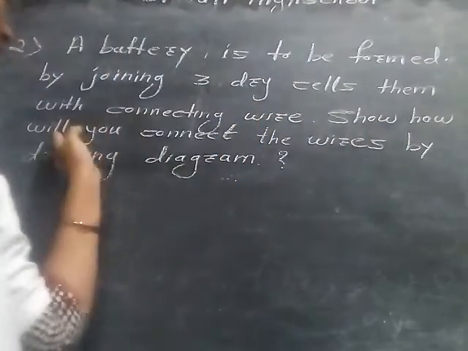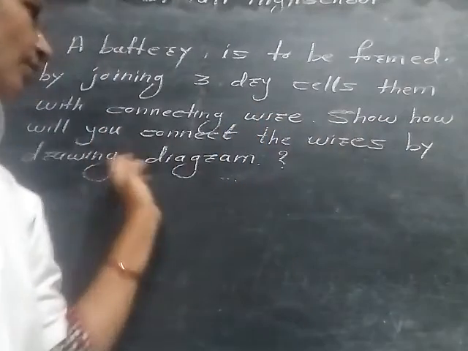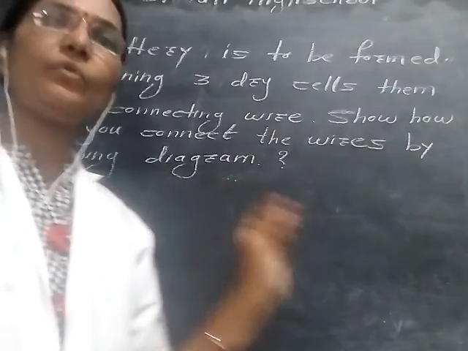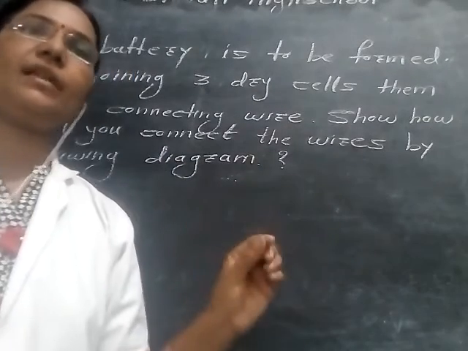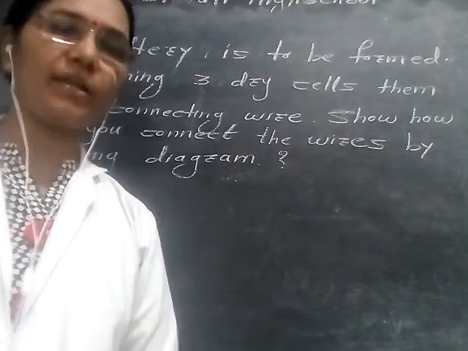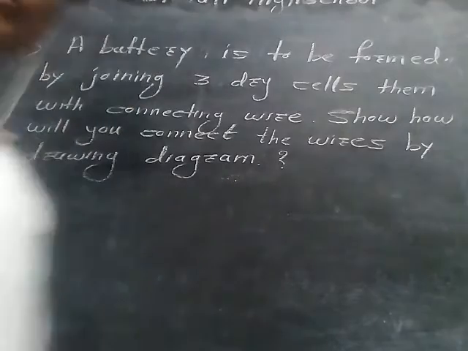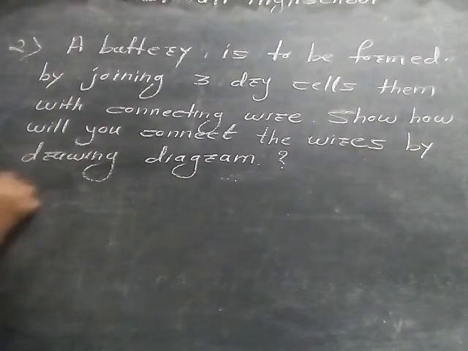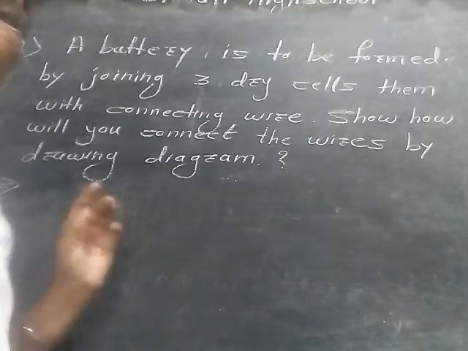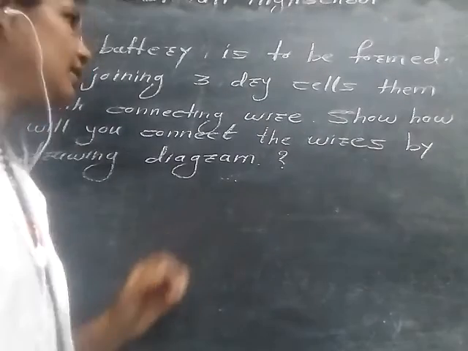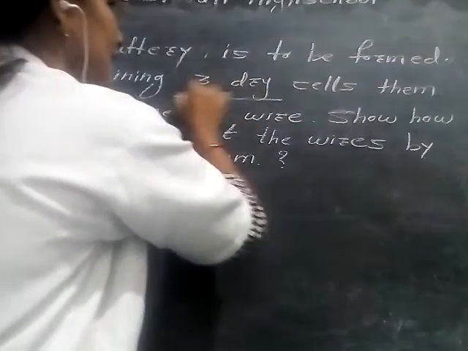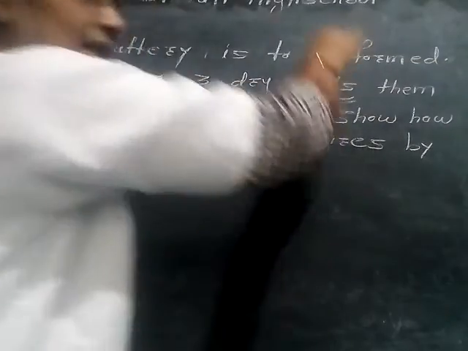Show how you will connect the wire by drawing a diagram, showing how the dry cells are connected in our circuit. So let us consider the solution. How can we draw the diagram? First, how many dry cells do we use in this example? There are 3 dry cells.